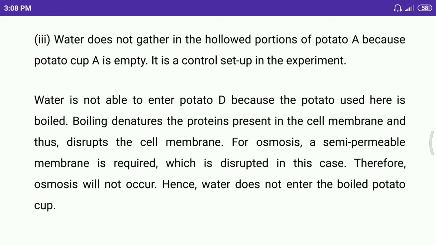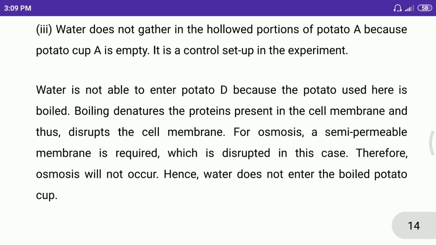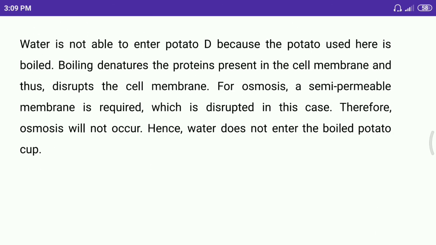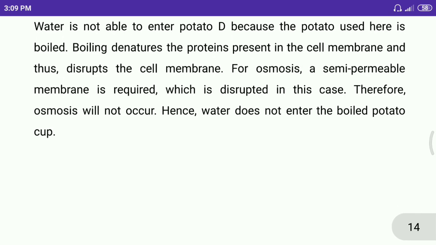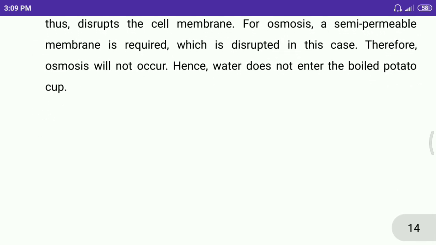Boiling denatures the proteins present in the cell membrane and thus disturbs the cell membrane for osmosis. A selectively permeable membrane is required, which is disrupted in this case, therefore osmosis will not occur, hence water does not enter the boiled potato cup.